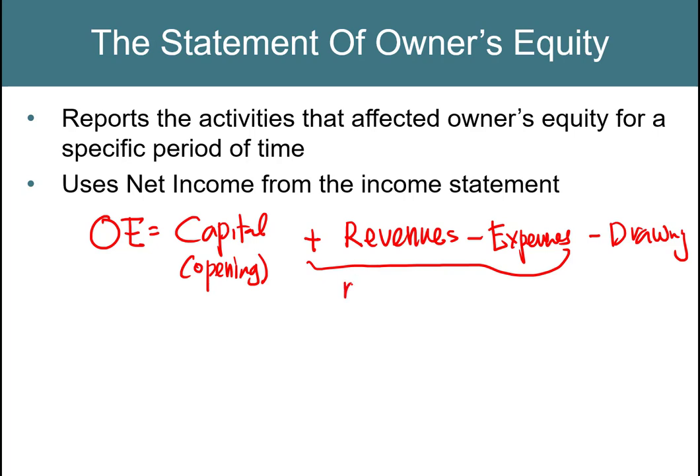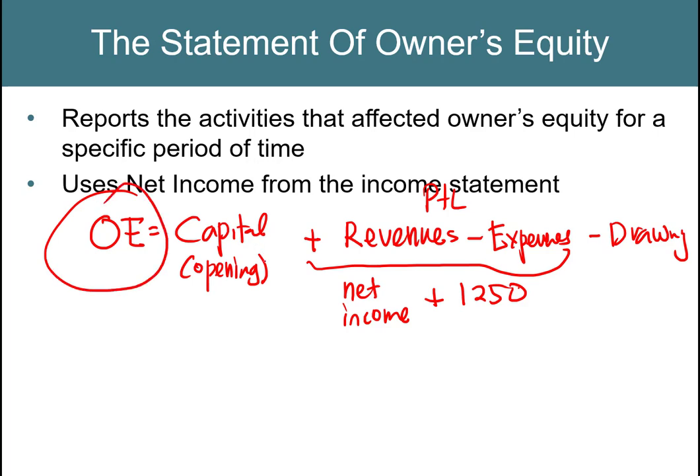We have a net income of 1250, which comes from our profit and loss statement. So to determine our owner's equity, we use this formula: capital plus net income minus drawing. I think our drawing is 150 if I'm not mistaken.